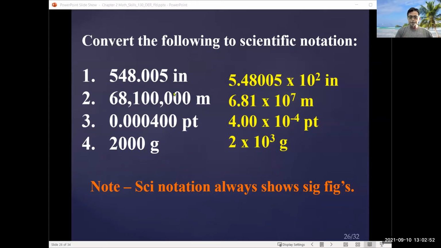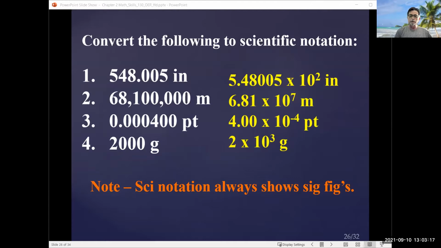Okay, and in this example, we have 548.005. When you have a number and you need to convert it to scientific notation, note the number of sig figs that you have, significant figures, because your number should have the same number of sig figs that you start off with.